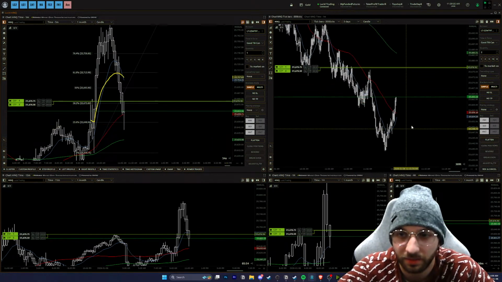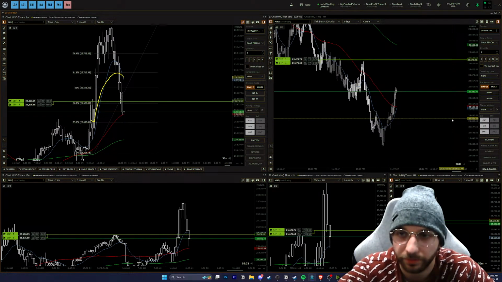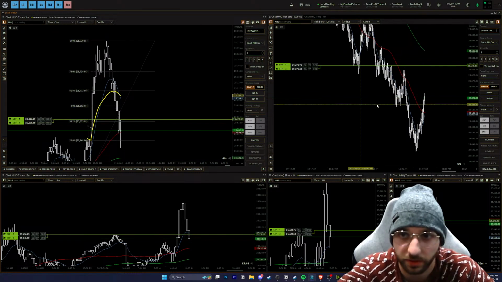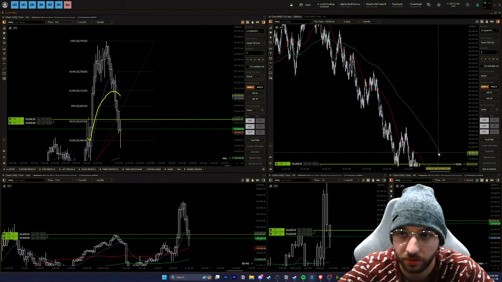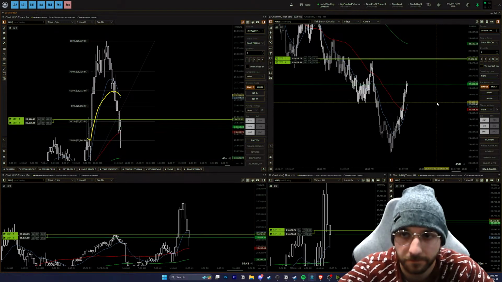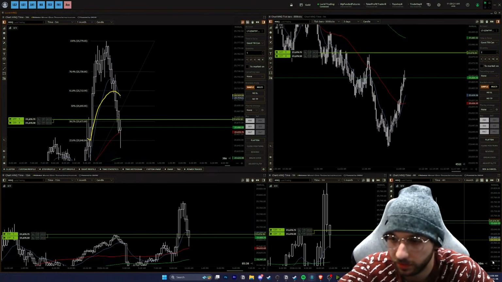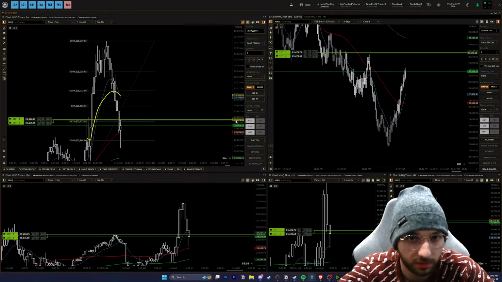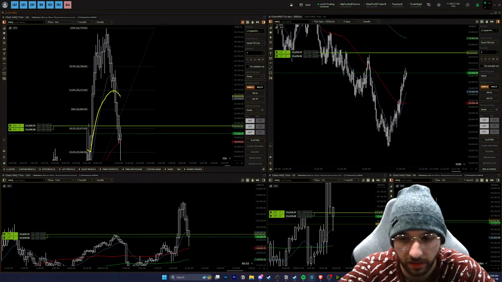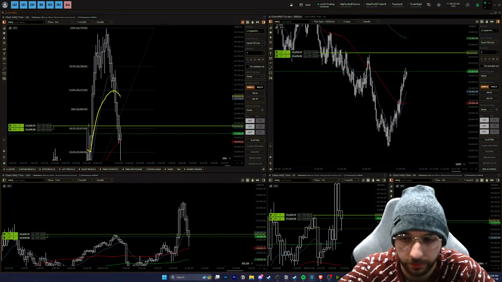Alright, so we're getting some buying right here. I could definitely see it just recover this whole sell-off we just did. Volume's starting to pick up. What time is it? 11:09? It's bouncing off of the 9 EMA for the 1 hour candle.